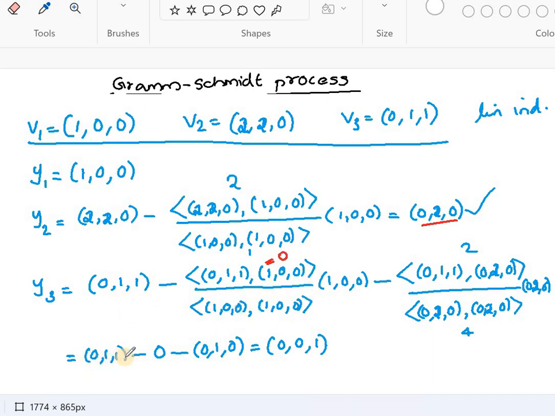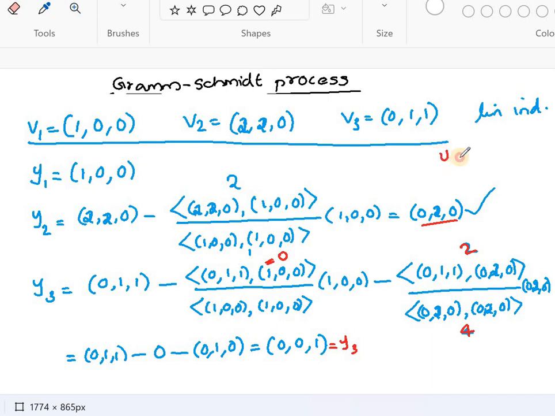So the first vector is 0, and (0, 1, 1) minus the second term, where the numerator is 0 plus 2 plus 0, that is 2, and the denominator is 0 plus 4 plus 0, so the denominator is 4. So 1 by 2 times (0, 2, 0) is (0, 1, 0). If you subtract, what you get is (0, 1 minus 1, 1) which is (0, 0, 1). So this is your y3.